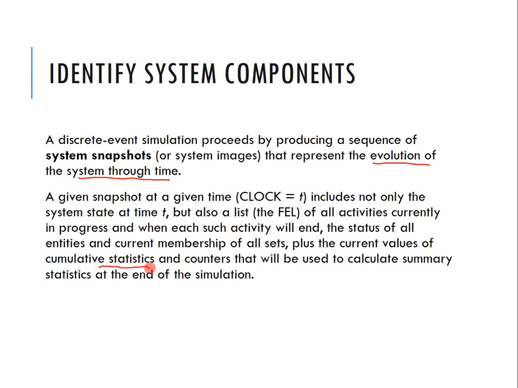Statistics and counters are something we want to collect, or measure, based on the goal or objective of our simulation. For example, we want to know the average waiting time in the queue. What statistic do we need in order to get that value? We call it the response, the response time.